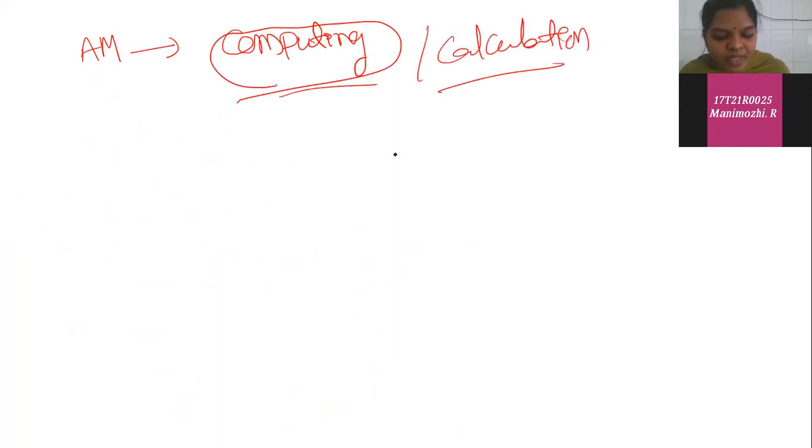For computing the arithmetic mean, we are based on the assumption that all the items in the distribution are of equal importance.